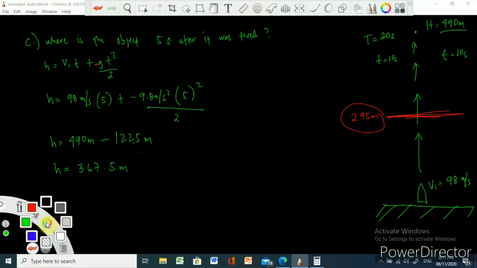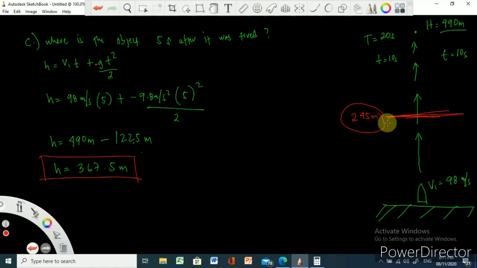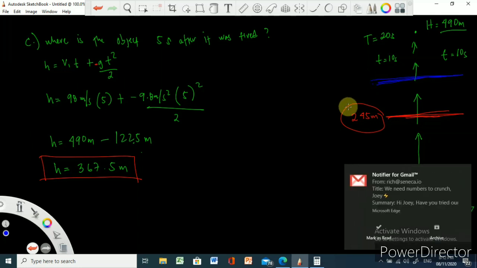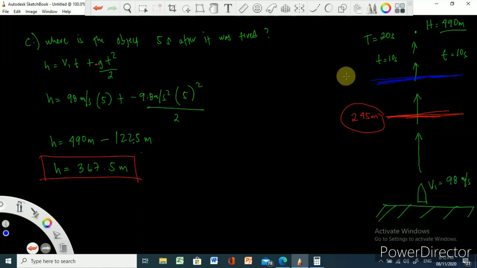meters. Okay, so our expected position of the bullet after 5 seconds would be midway of 490, which is 245. But the answer is 367.5, so where is it? Almost at the top, around here. So after 5 seconds, the bullet is already near the top, at 367.5 meters.